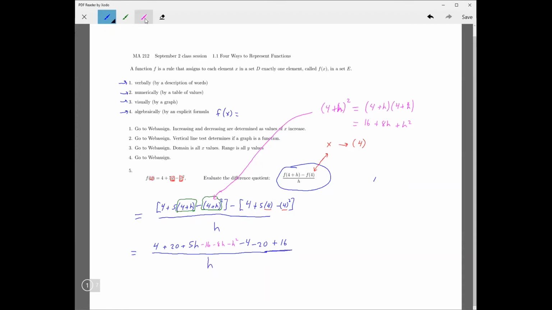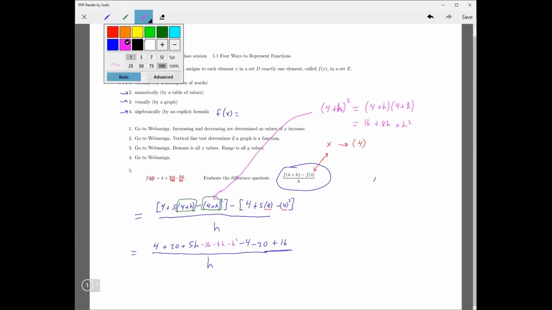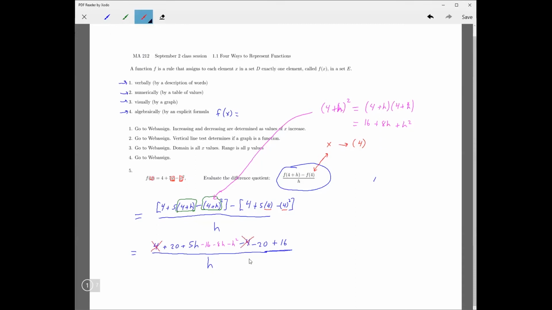Okay, now this is going to be the funnest part for most everybody, because lots of stuff is going to just cancel, like those guys cancel. And then the 20s cancel, check that out. There's just the 20 there and there, so those guys just go away. And then, whoa, check this out. Then these guys cancel as well.